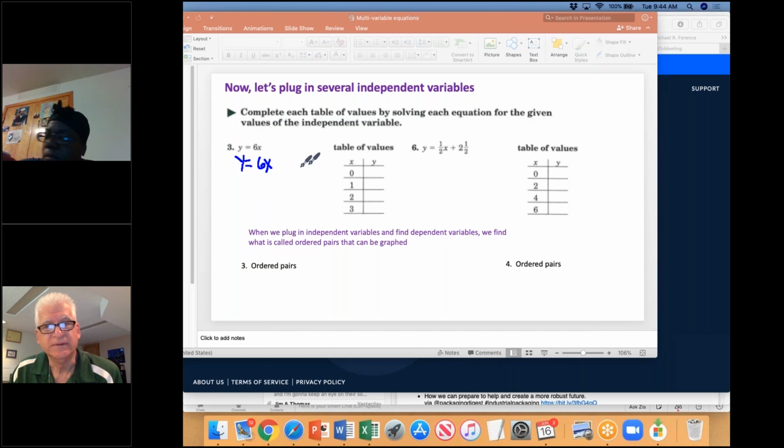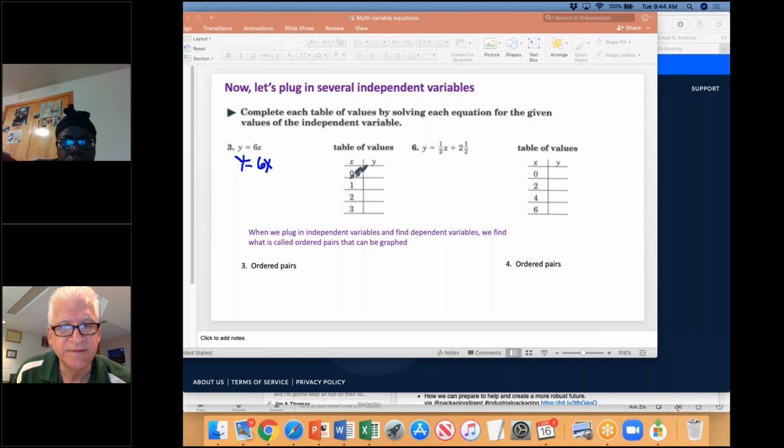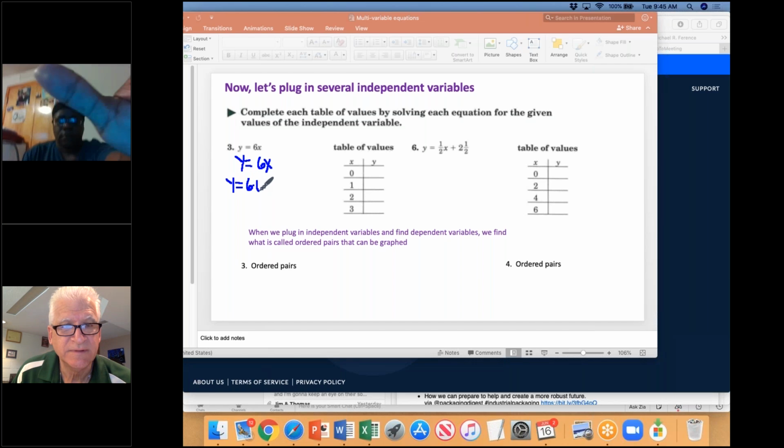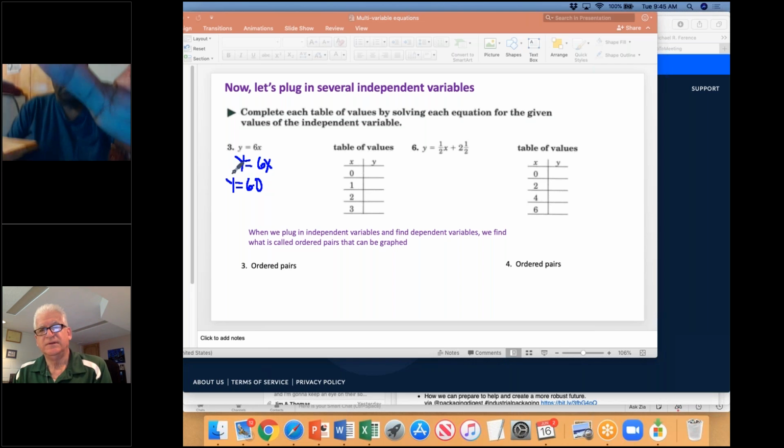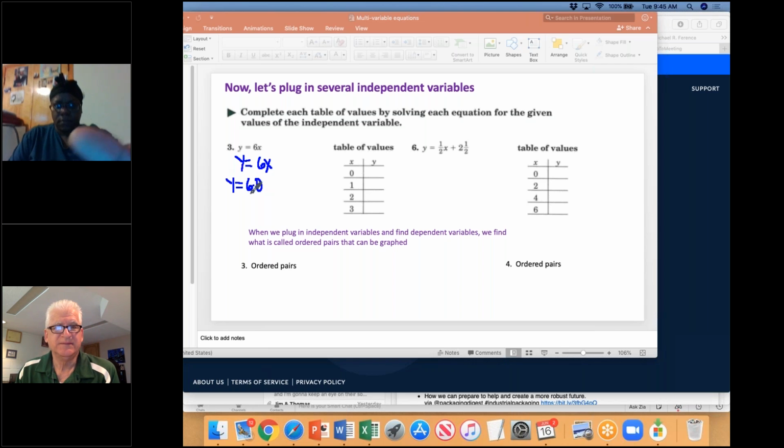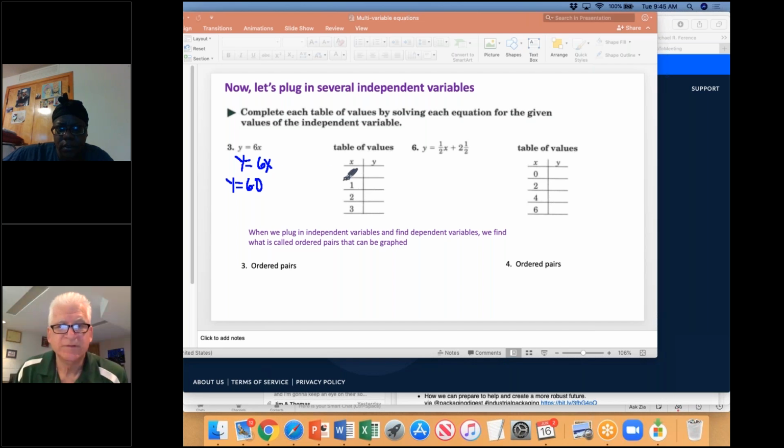The first value we're going to plug in there is 0. So y equals 6 times 0. And anything times 0 is going to be 0, right? So when x is 0, y is 0.